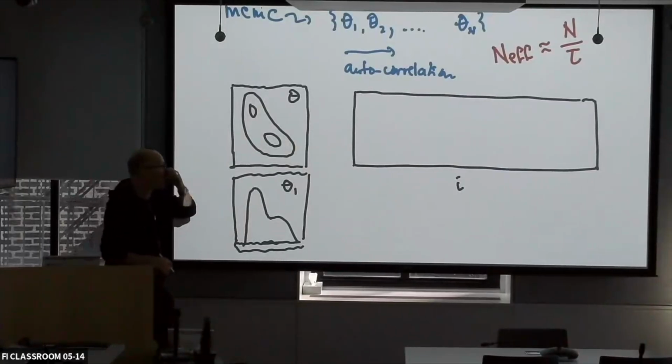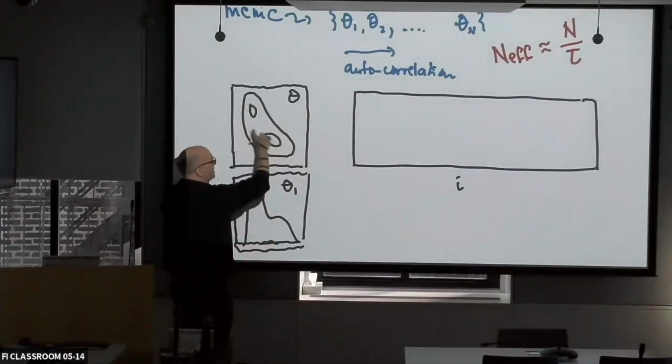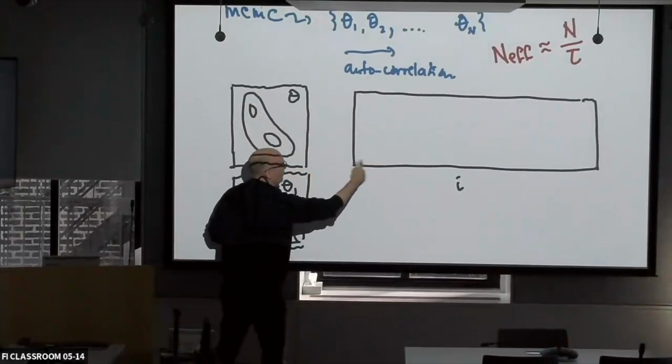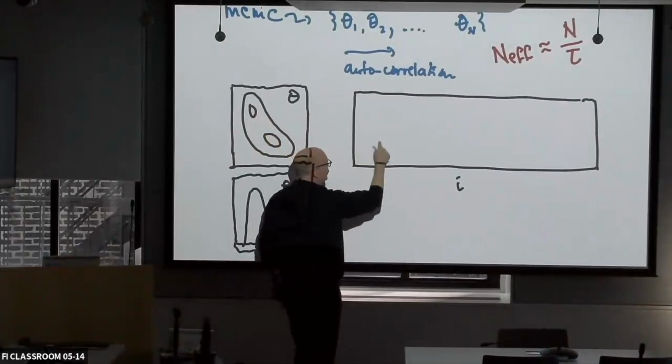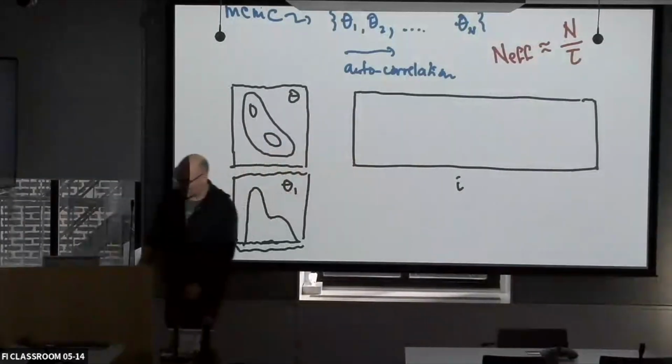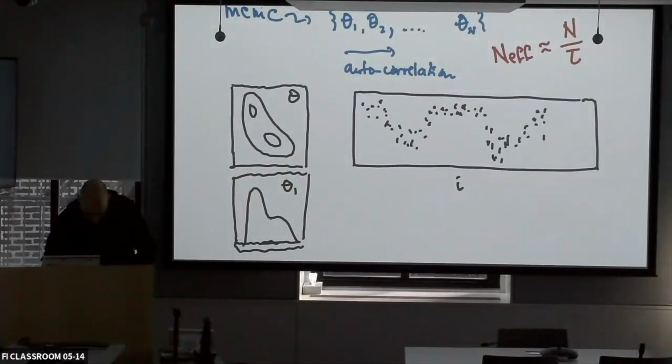Now, let's plot this axis. So this axis would be theta 2. Now I can ask, for each sample, there's a sample here, sample here, sample here, sample here. I can see the samples moving with time, and it will look something like this, right?